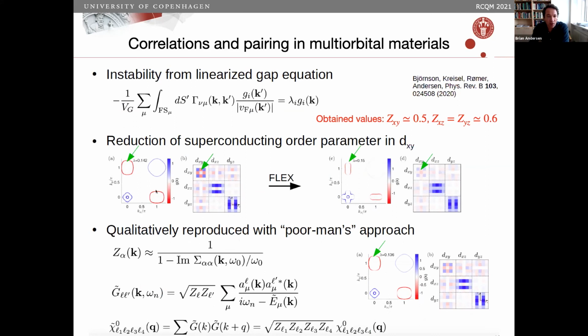But what you see if you run the FLEX is that the XY contribution is substantially decreased. So everything that was XY on the Fermi surface, that's in the tips of these pockets, and this whole pocket is fully XY. Here the gap is basically washed away. And exactly the same you get if you calculate the quasi-particle weight factors and just put them in, in a poor man's version at the RPA level, you get almost exactly the same gap structure.